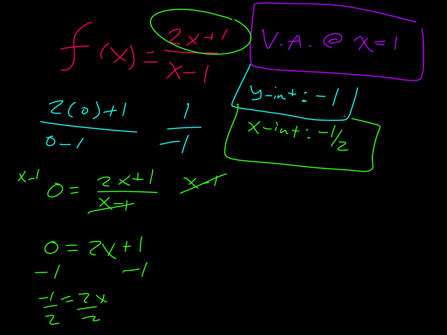Okay, and now C says rearrange the function to find the horizontal asymptote. Okay, so I guess they do want us to do that. So I'm going to think of this just like a y.